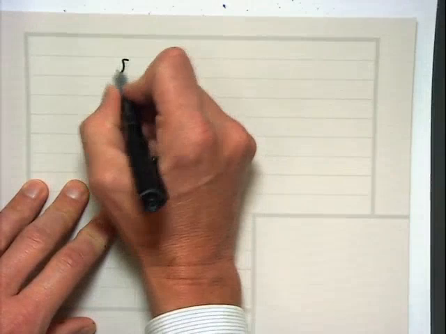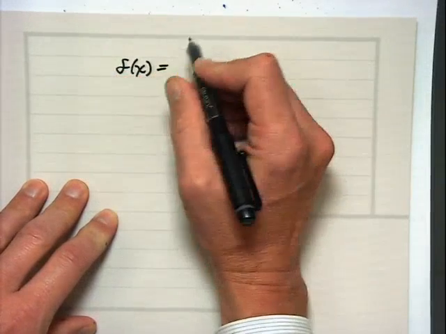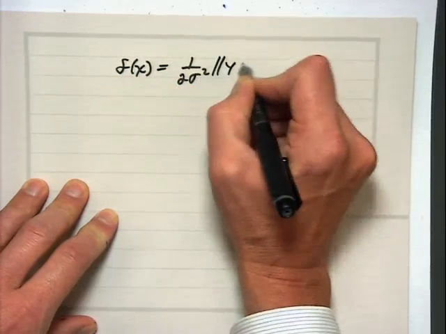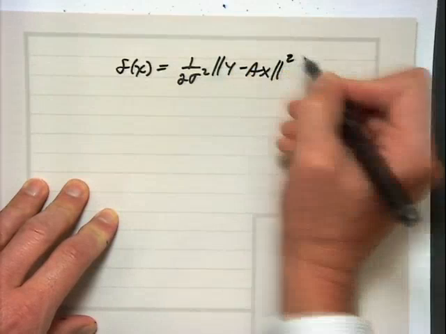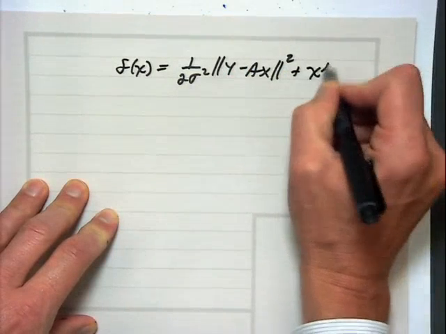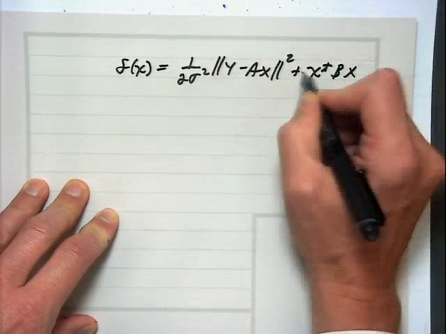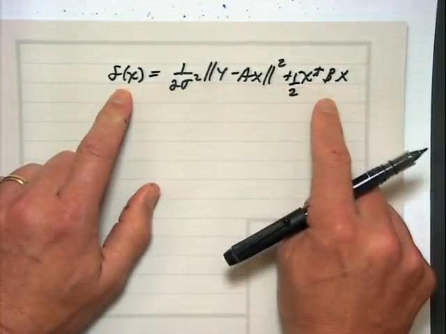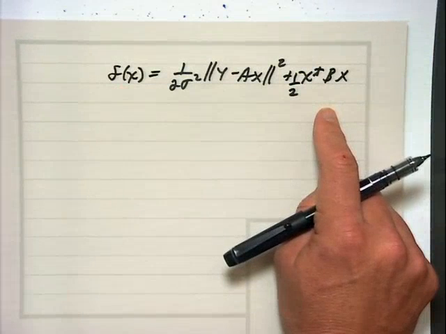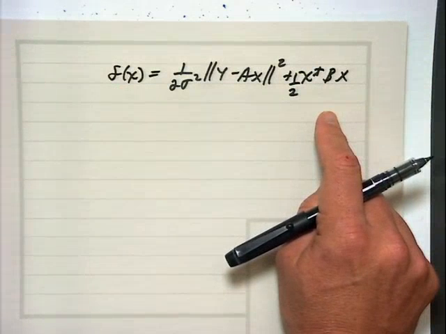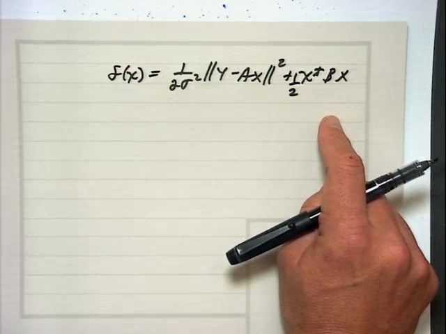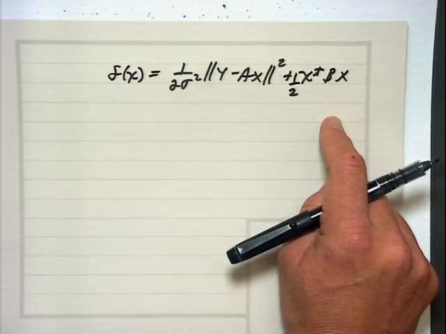You set up a function f of x equal to 1 over 2 sigma squared times the norm of y minus Ax squared plus x transpose Dx. So take this cost function and you numerically minimize it using various optimization approaches. Very often when you get to the optimization, students will say, well, the first thing they'll do is go to the MATLAB optimization toolbox. And fine.